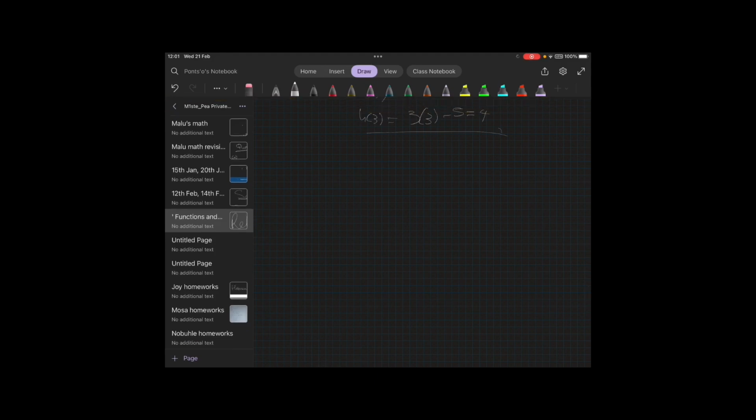Then we have inverse functions. By the way, up to so far, this is like grades 8, 9, 10, and 11 for the most part.